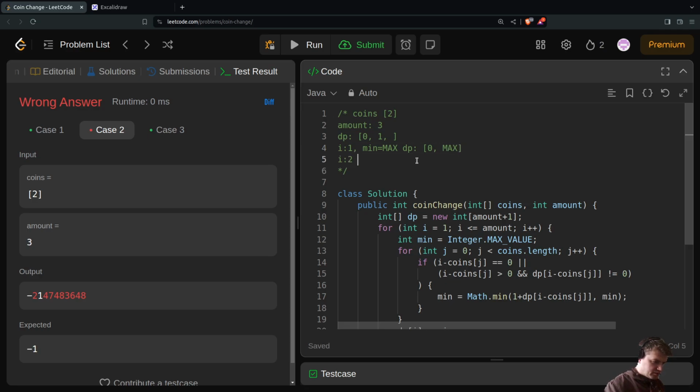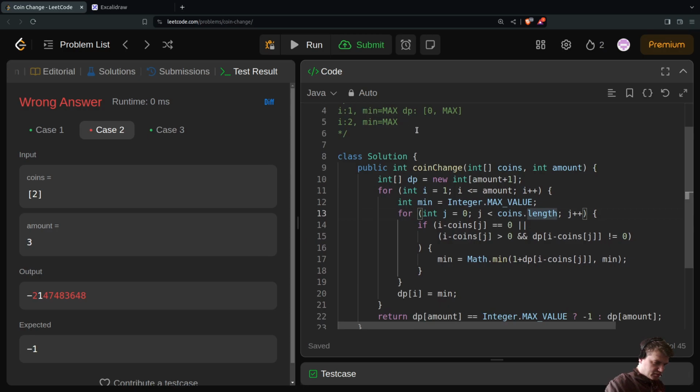Then i equals 2, then minimum equals max. Now again go through the coins j. 2 minus 2 equals 0. So I should store dp as 0, max, 0 now.